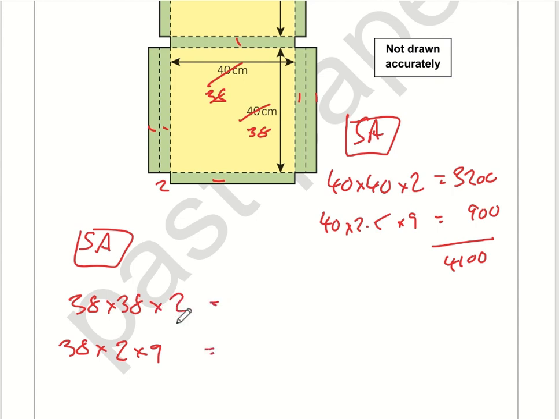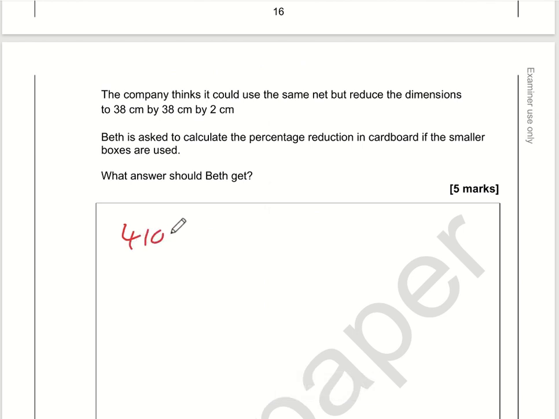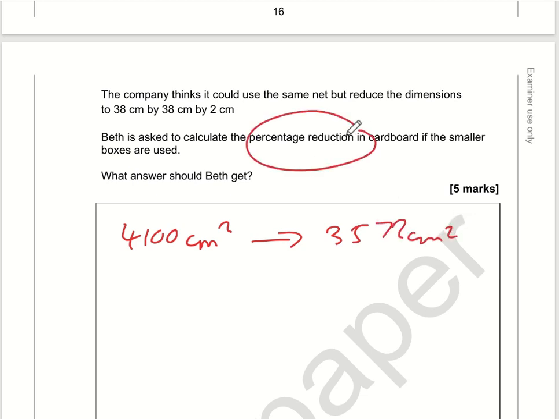Okay, so 38 times 38 times 2 is 2888. 38 times 2 times 9 is 684. Add those together, we get 3572. So the pizza box has reduced from 4,100 square centimetres, and it's gone down to 3,572 square centimetres, and we want the percentage reduction.